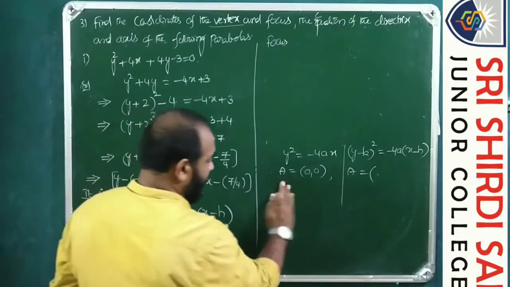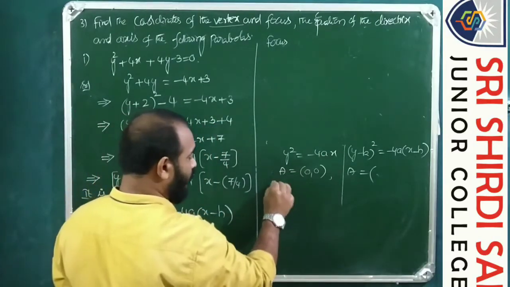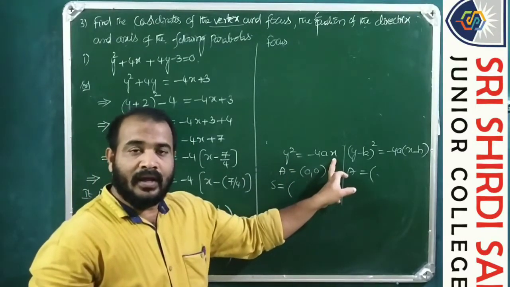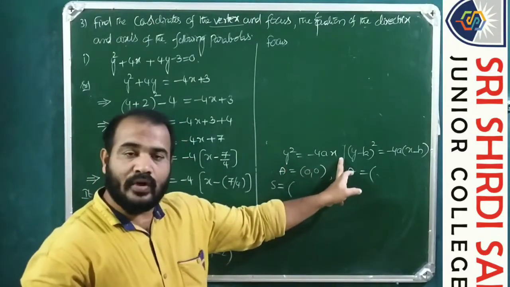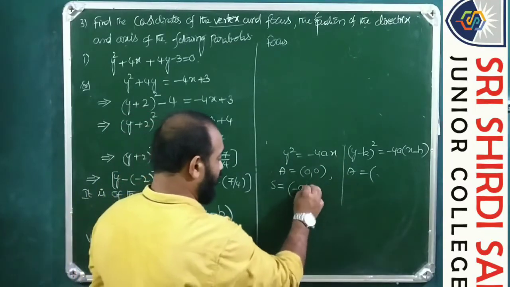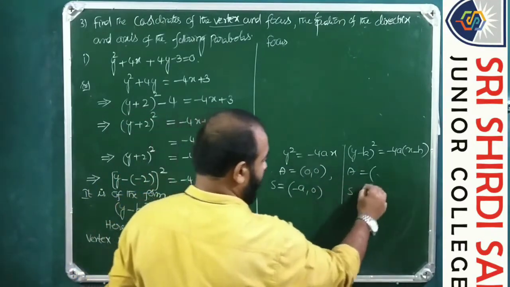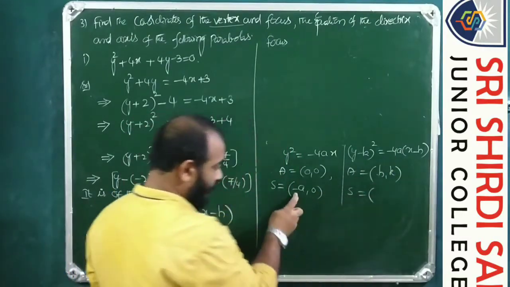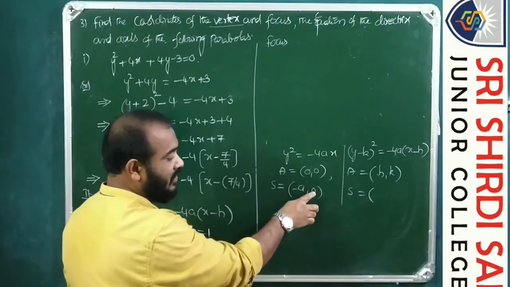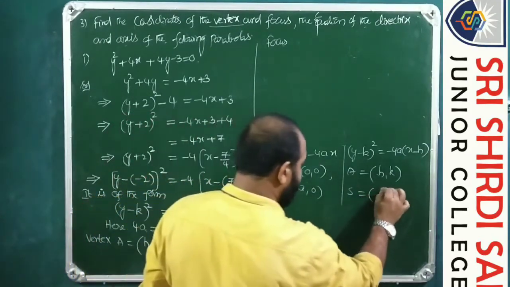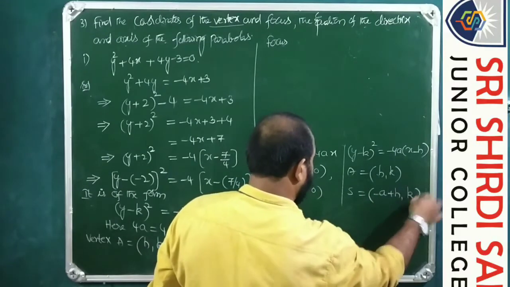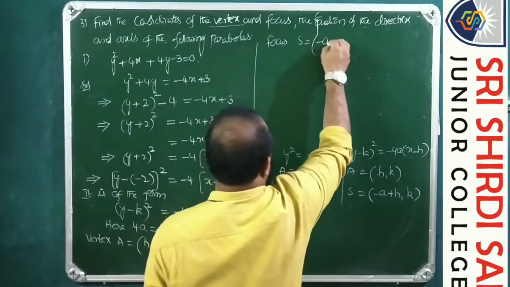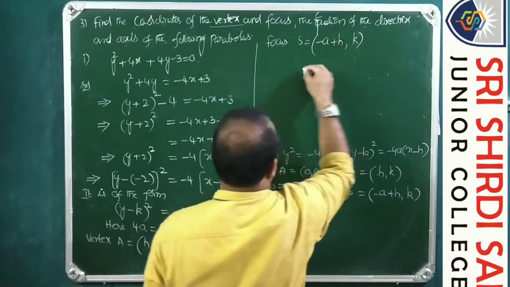And for this, what is the focus? For y square equals 4ax, the focus S is a comma 0. For y square equals minus 4ax, the focus is minus a comma 0. But here, with the x coordinate h will be added, and with the y coordinate k will be added. So S is equal to minus a plus h comma k.